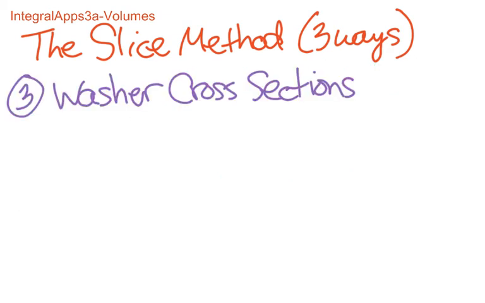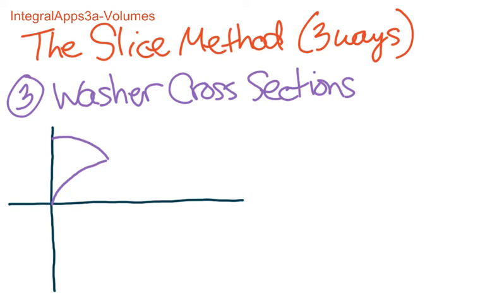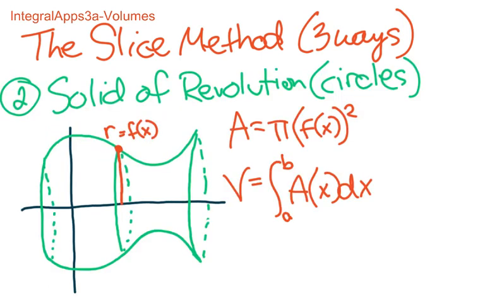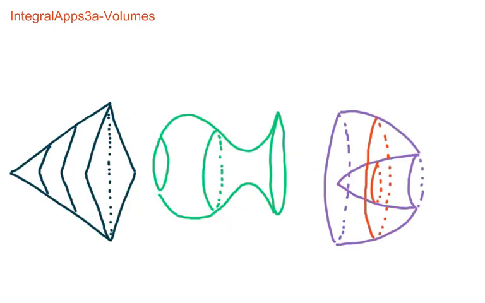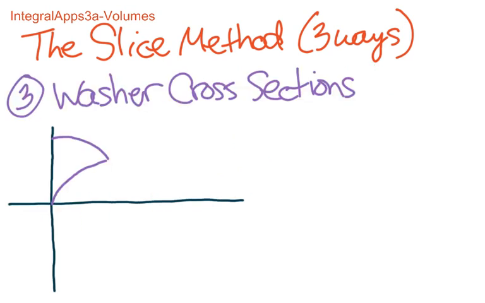Here's the third method. So these two functions are a little bit different than the original visual I gave you. This one looks a little bit more like parabolic in nature, not exactly curved there. But basically these two functions I just pulled out of an example from the textbook. And what's going on here? The top curve is a cosine curve and the bottom curve is a sine curve.